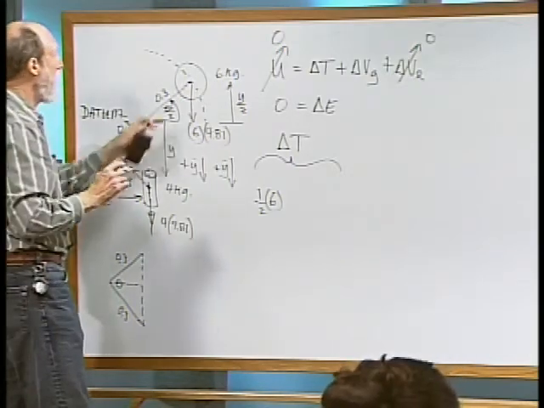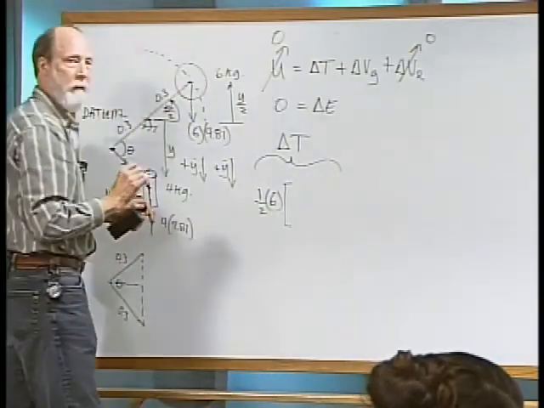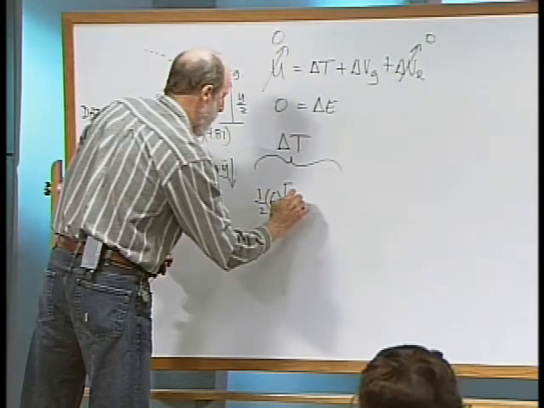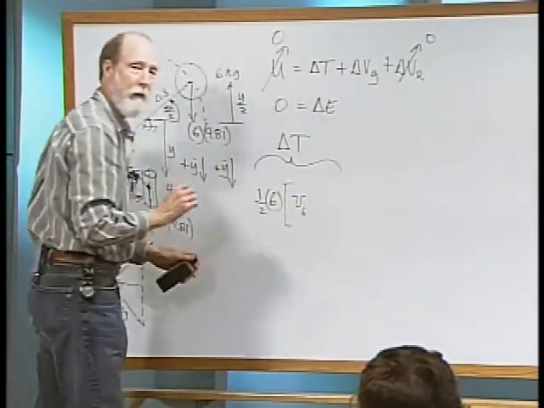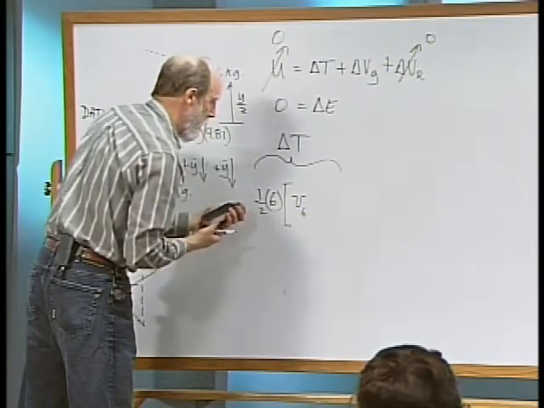It's got a change in speed occurring. Let's call it V sub 6, and that's going to be at some generalized theta.